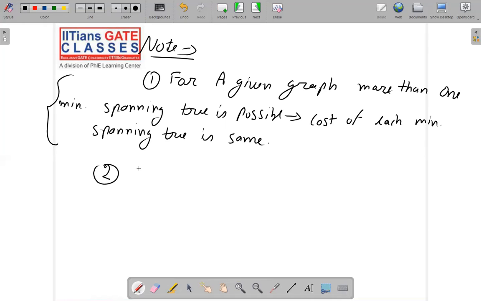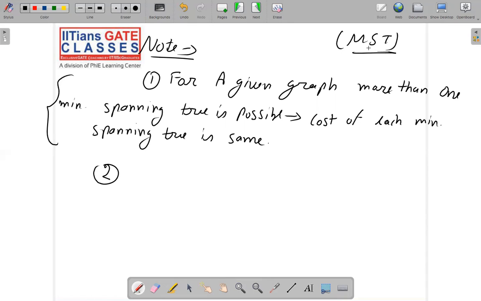The second important point is, if for the given graph there is more than one minimum spanning tree, I will denote the minimum spanning tree as MST.